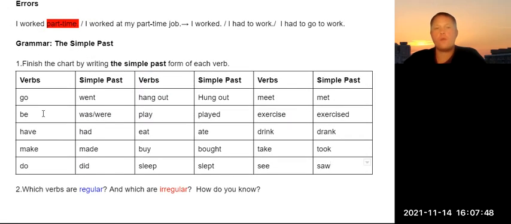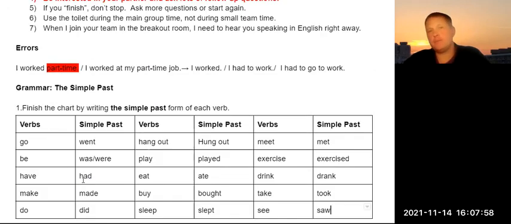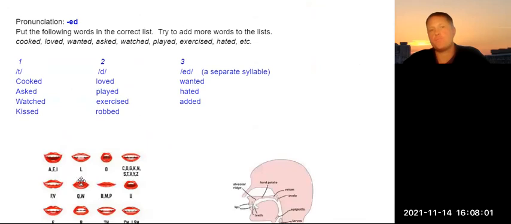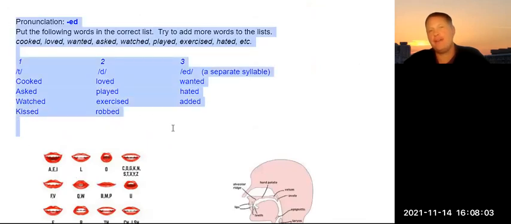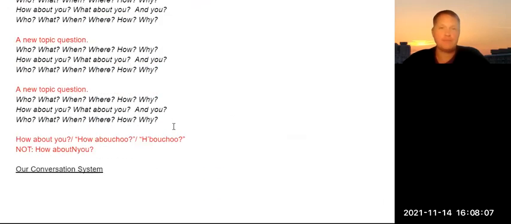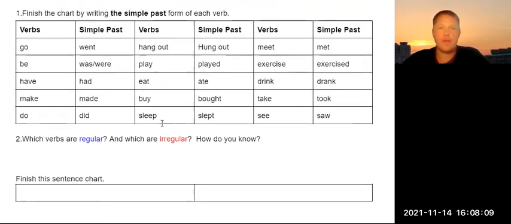And which verbs are regular and which are irregular? And how do you know? We've already looked at this a little bit here. This is a hint, when we did pronunciation. So what do you think?